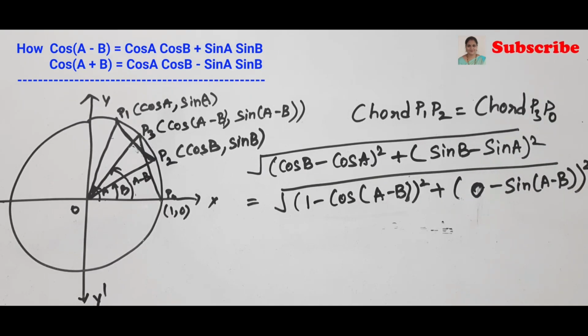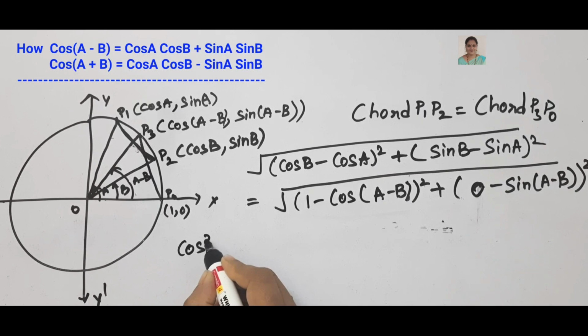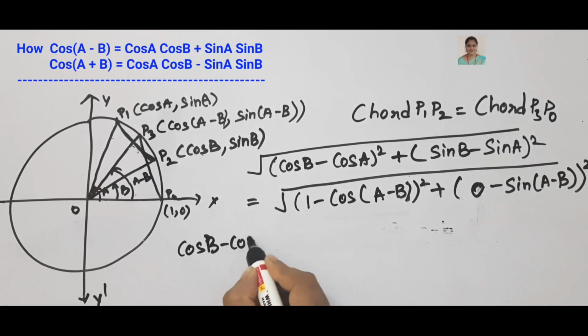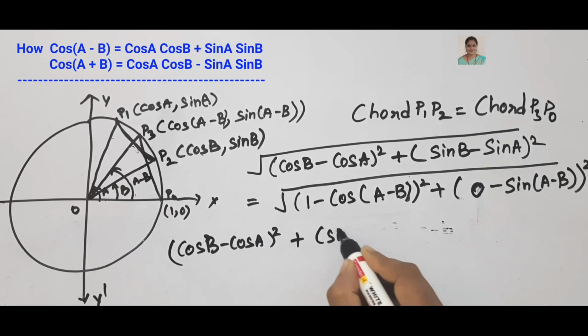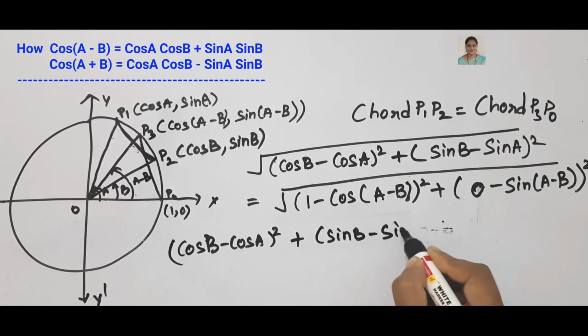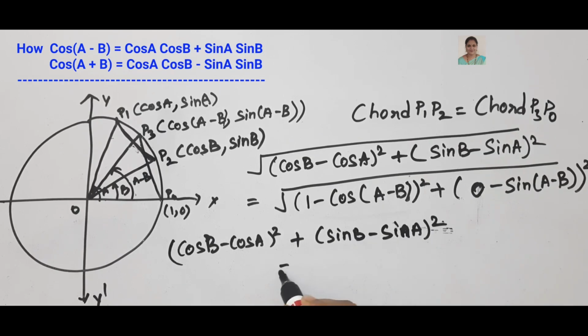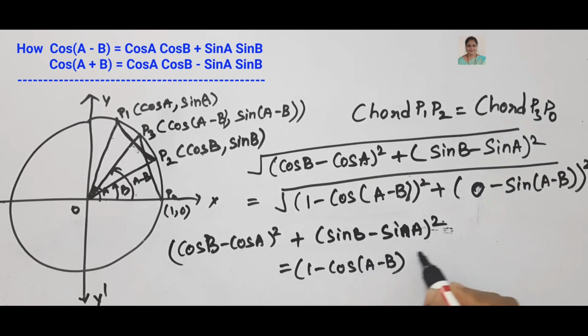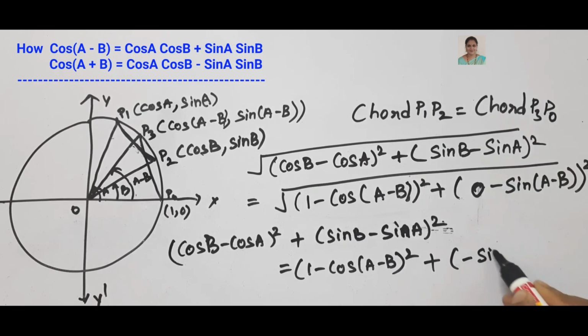So now squaring on both sides, we will get cos B minus cos A whole square plus sin B minus sin A whole square equal to 1 minus cos of A minus B whole square plus 0 minus sin of A minus B, which is nothing but minus sin of A minus B whole square.